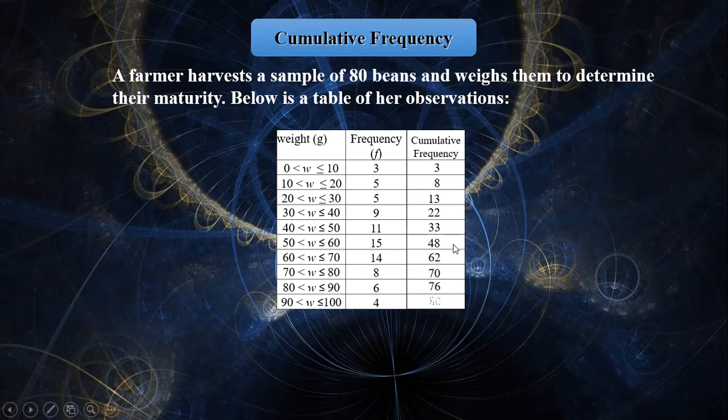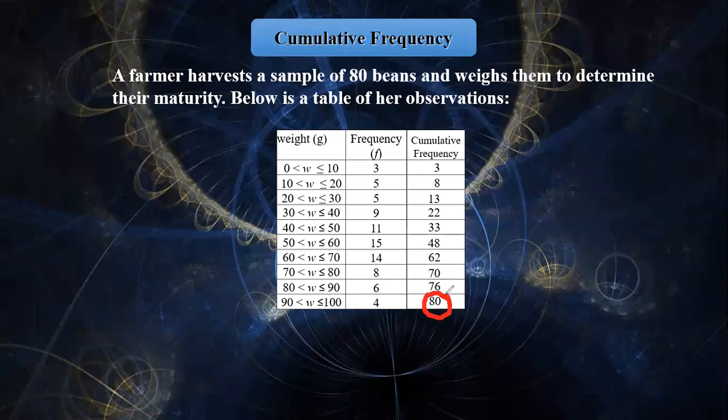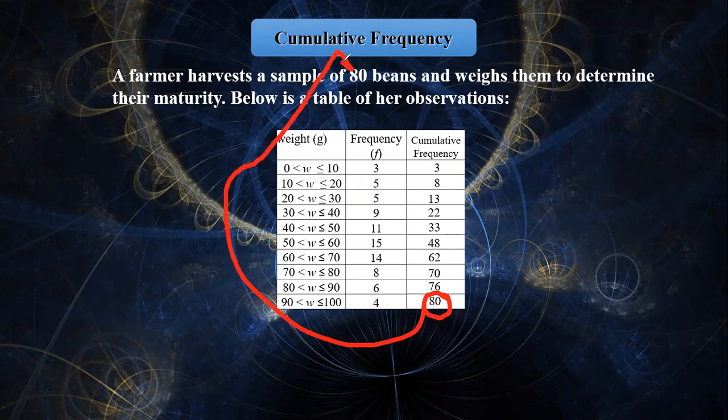And true to form, the last number here is how much of the thing that we have, the n. And the first number here is always going to be the first number in the frequency.